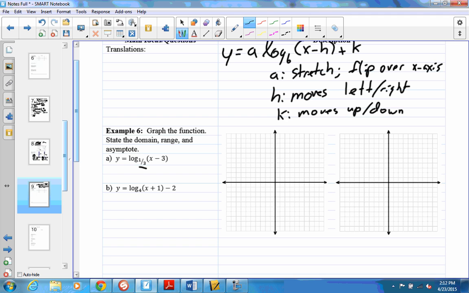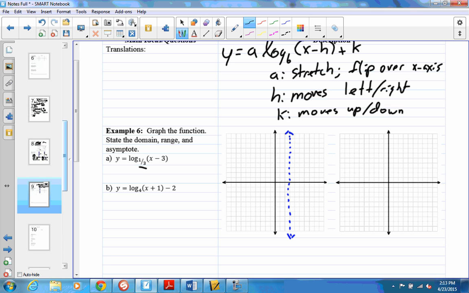I'm seeing it move to the right 3, right? So I changed the sign, plus 3. So I already know, I'm just going to go ahead and graph where my asymptote is, right? It's at x equals 3. Does moving it up and down change the asymptote at all? No, not here.